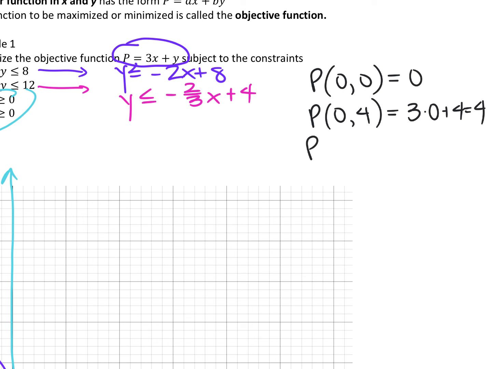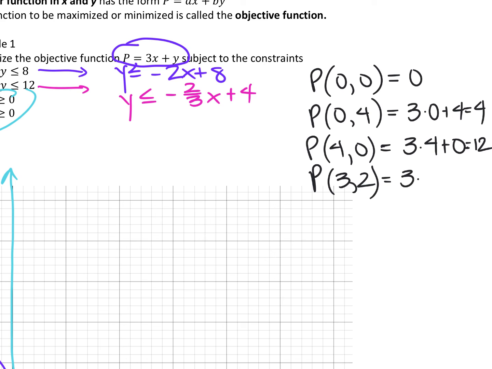What about P of 4, comma 0? Is it going to be 4 again? No, because where's the 4 going into this time? There you go. 3 times 4 plus 0. This time it is 12. And last but not least, P of 3, comma 2: 3 times 3 plus 2 gives me 11.